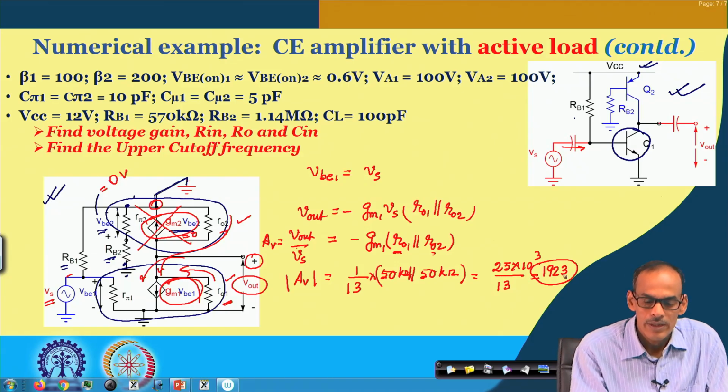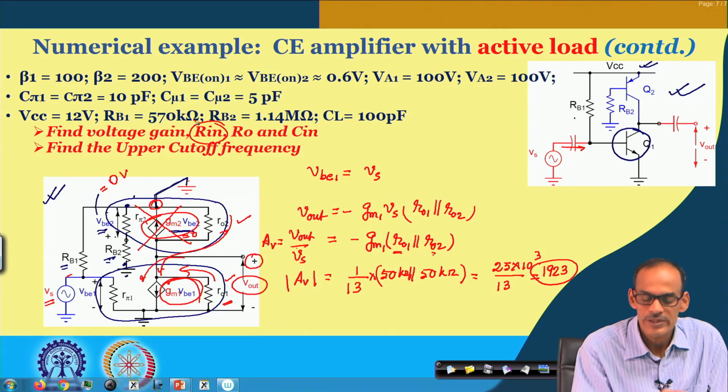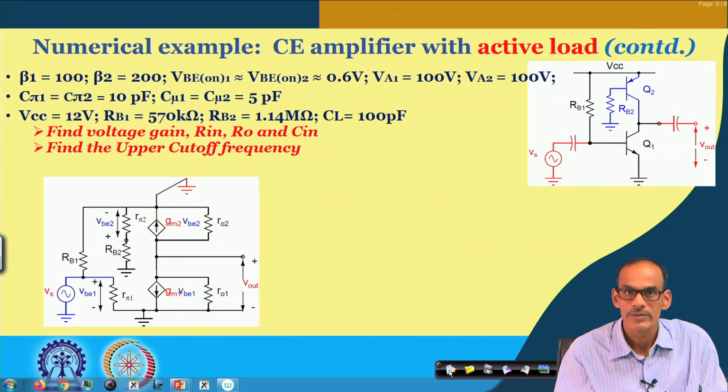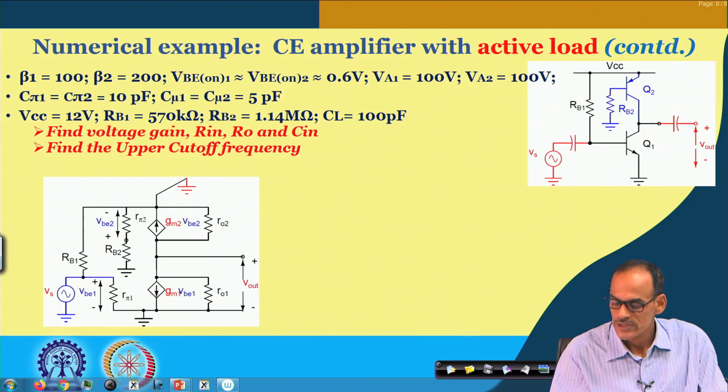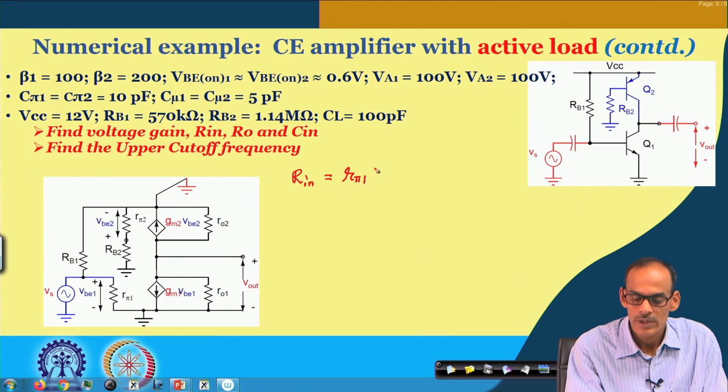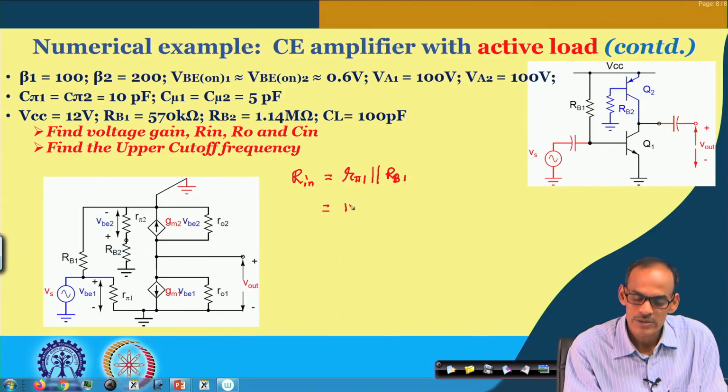Now, we can try to calculate the input resistance based on the information available, but let me clear the space. Input resistance, on the other hand, Rin equals r pi 1 in parallel with RB 1, and you may recall that r pi 1 is equal to 1.3 k, in parallel with 570 k.